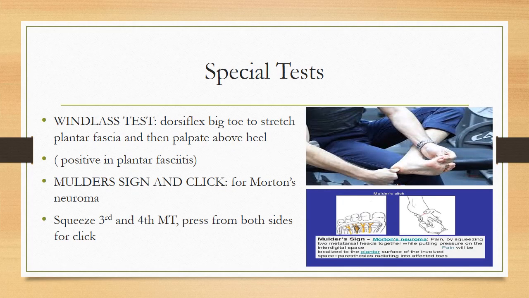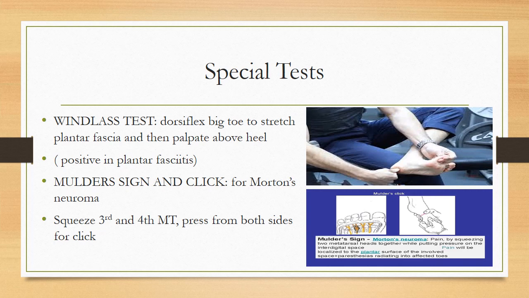So next are some special tests. Now it depends upon the history. So the Windlass test is to check for plantar fasciitis, if it is suggestive from the history or from the stem given outside, or if it is still one of the differentials that you have to rule out.